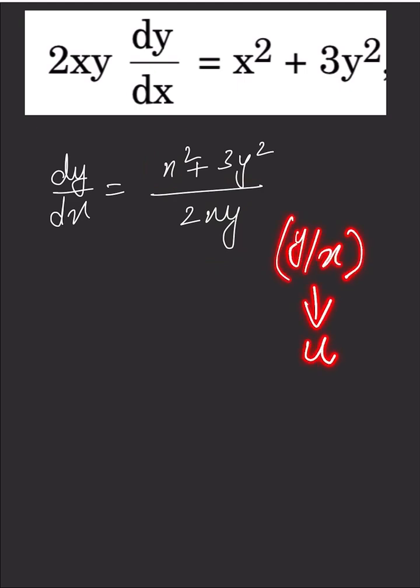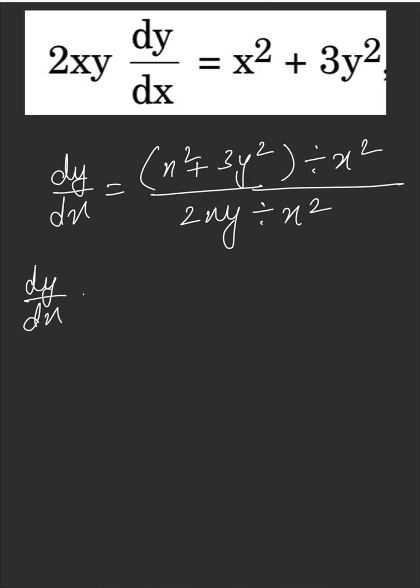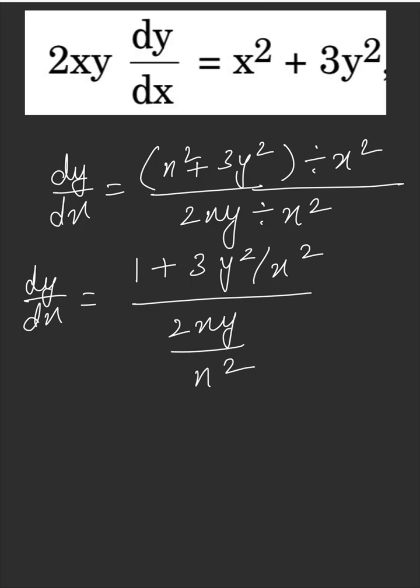So imagine this as u. This is the variable you should see in your equation. How do we get that? Divide numerator and denominator by x square. When you do that, dy by dx equals, now divide x square by x square, we get 1 plus 3y square by x square, we get 3y square divided by x square whole divided by 2xy divided by x square. 1 x cancels.